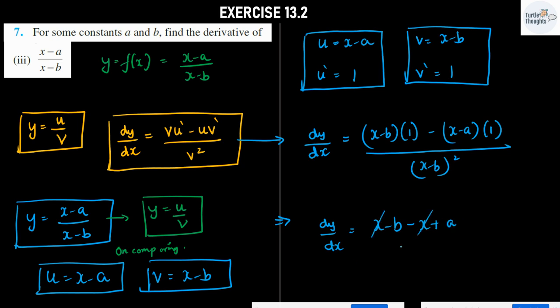Plus x and minus x get cancelled. I will be left with minus b and a.